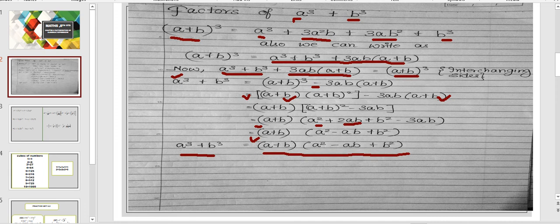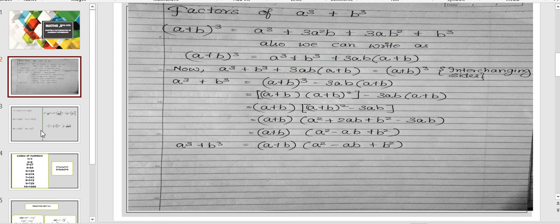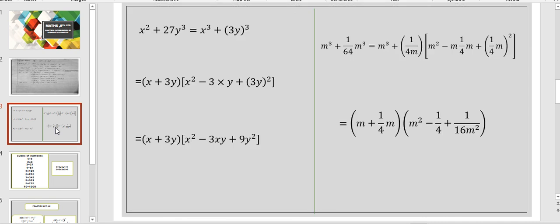Now we'll see some examples from your book, how we'll solve this type of equation. Suppose in this example, the given expression is x cube plus 27y cube. How is it coming? 27 is the cube of 3, right?